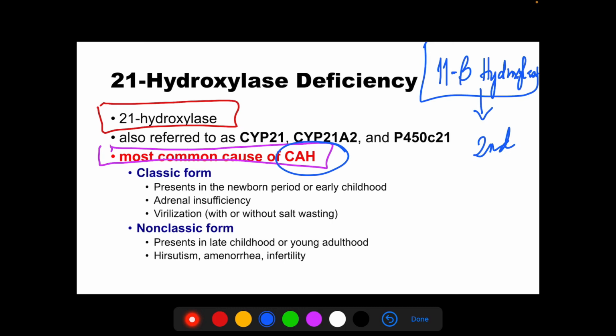Okay? So this 21-hydroxylase deficiency has two forms, the classic form and the non-classic form. Anyway, the screening of newborns using capillary blood collected from the heel of the newborn on a filter disc has identified this disorder, this 21-hydroxylase deficiency.